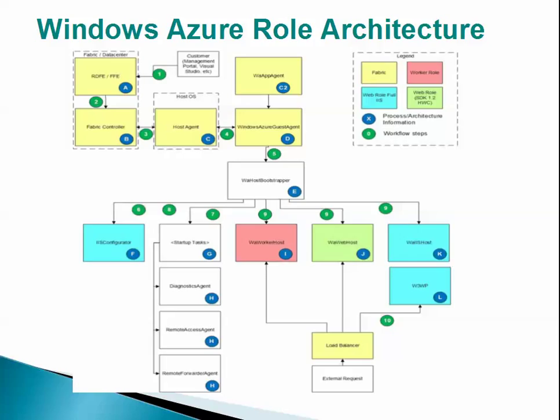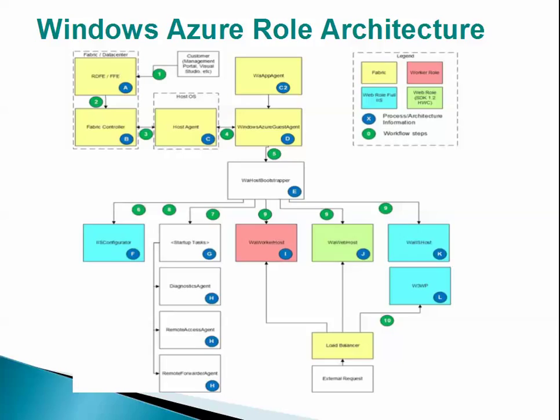The fabric controller also sends a ping every 15 minutes or 50 seconds to each web role and worker role to check the health status. If at any moment it finds that any worker role or web role is down, it will create another virtual machine for us. So it will send the same request again to the host agent, and in the host agent the same process will happen.